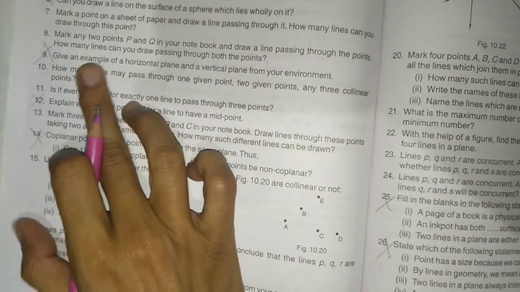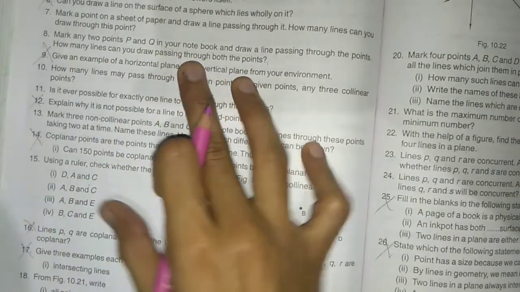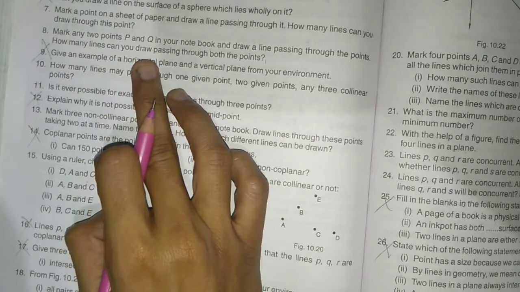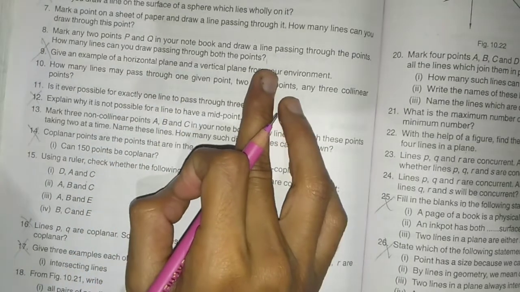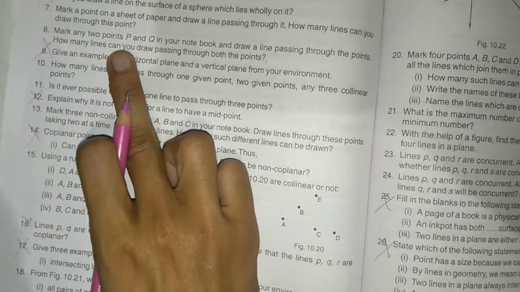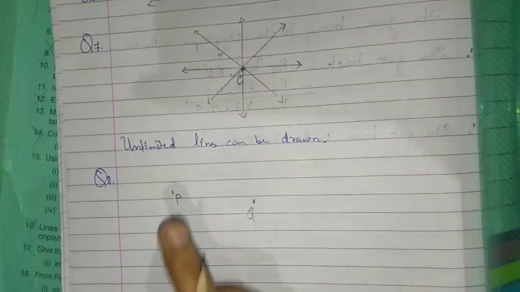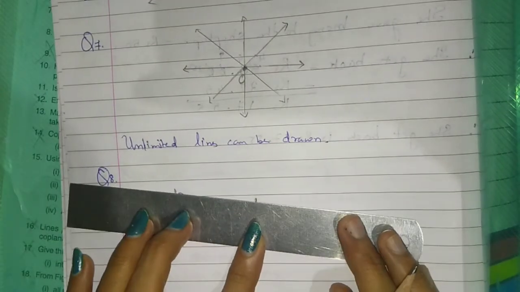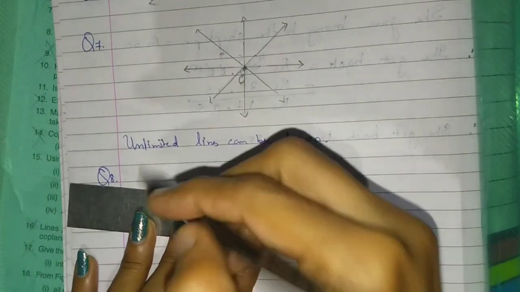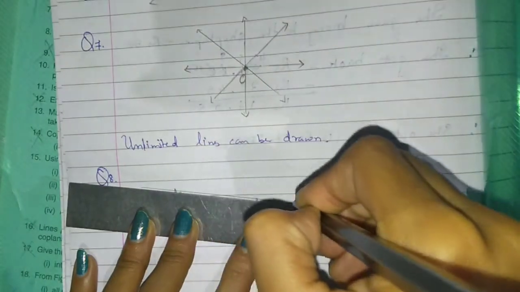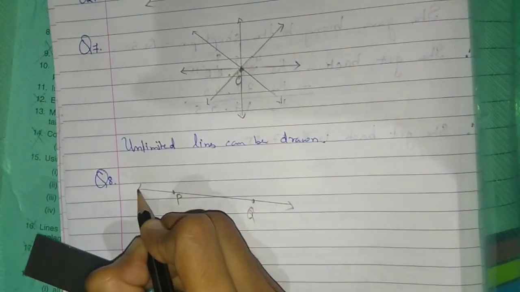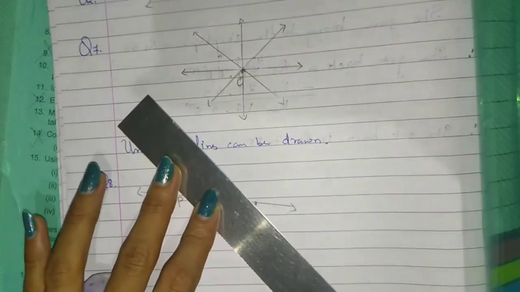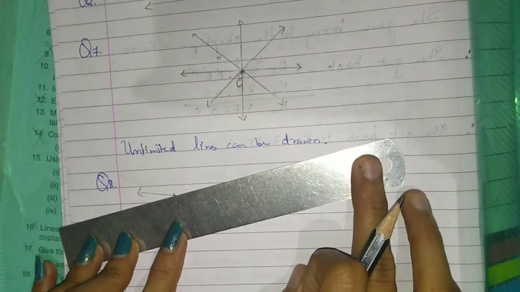Question number 8, mark any points P and Q in your notebook and draw a line passing through the points. How many lines can you draw passing through both the points? First of all, we mark points P and Q. See, I have drawn 2 points, and we have to pass a line through these two points P and Q. So only one line can be passed, because we can't join them any other way.